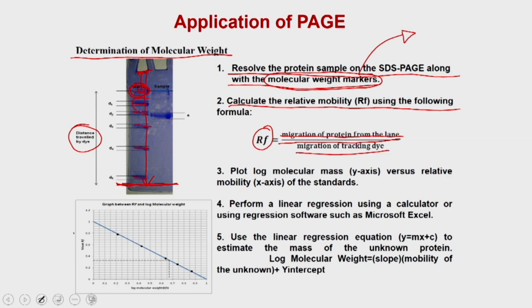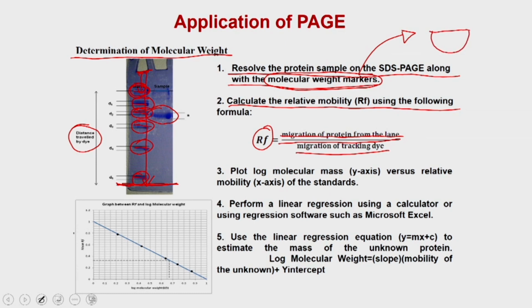Similarly, you can calculate the Rf value for D1, D2, D3, D4 and D5. Similarly, you have to calculate the Rf value for the sample band as well. Remember, normally you see a band like this, as you can see here.